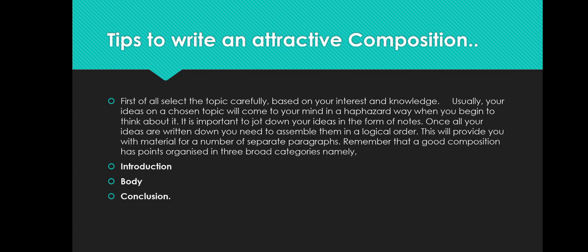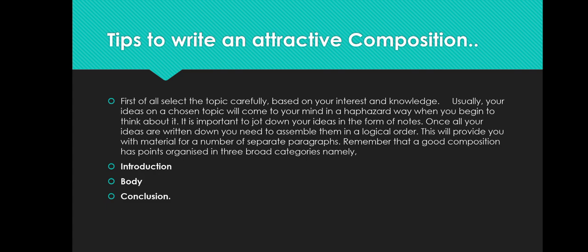Now, once all your ideas are written down, you need to assemble them in a logical order. When you write all the ideas that are coming to your mind, you have to assemble them in a sequence. This will provide you with material for a number of separate paragraphs.